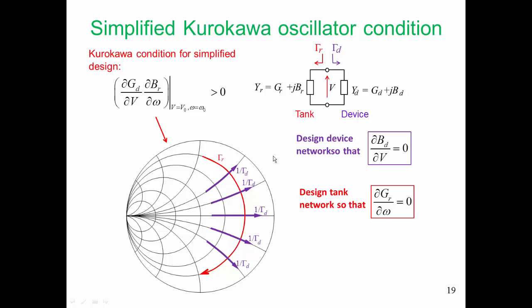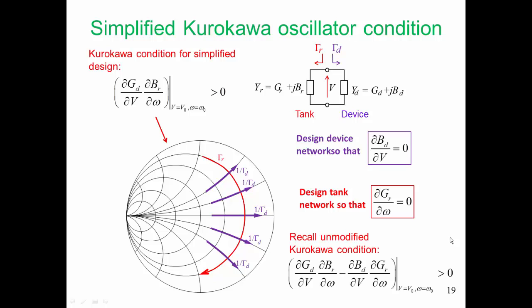As GD becomes less negative, 1 over gamma D, and also gamma D, will become closer to the unit circle. Oscillation will occur when gamma R and 1 over gamma D cross at a particular frequency. Now that is one of the interpretations of that simplified Kurokawa condition, and that is the right interpretation to use when our resonator network has finite loss.